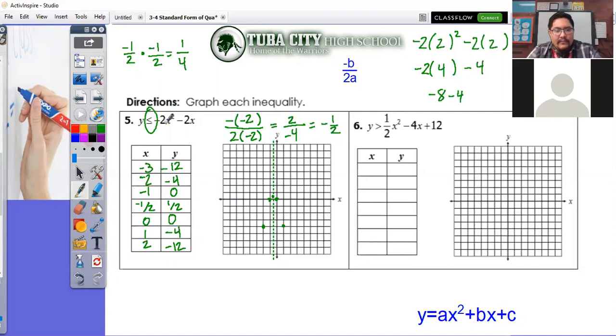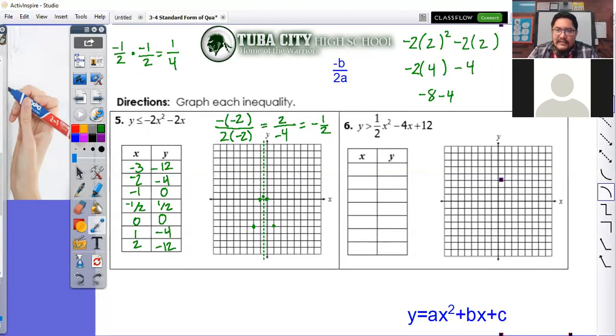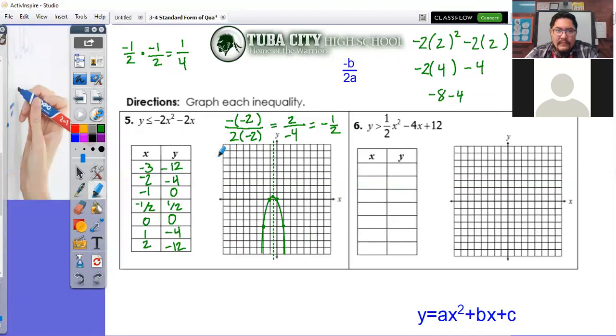So let's go ahead and get our parabola going. So this one has the or equal to, and don't forget, it says it on the packet. So if you forget, it's written on there already. So solid line. And not bad. Okay.